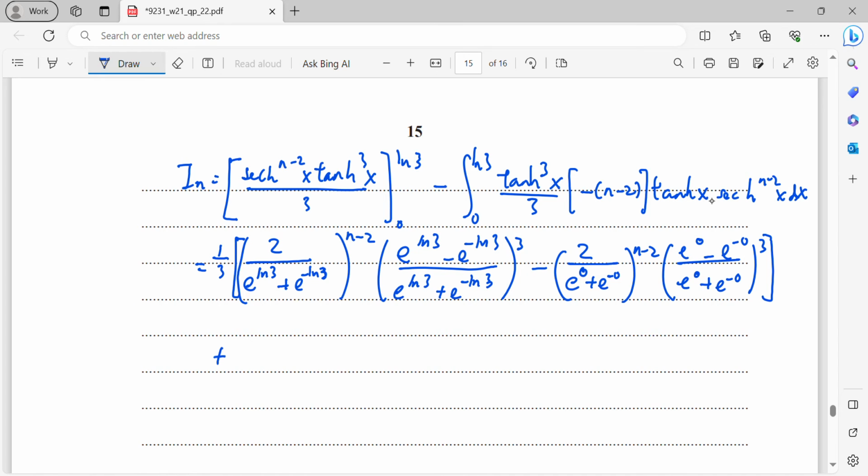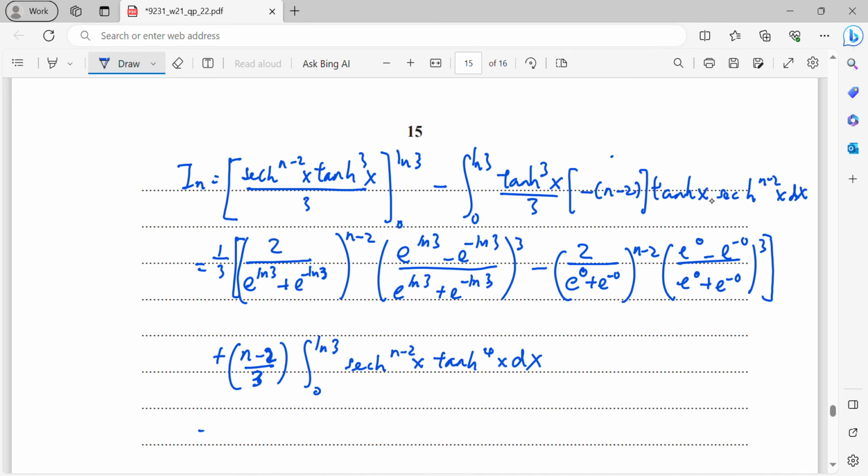Okay, then plus, so simplify this, it will be (n minus 2) over 3, integrate from 0 to ln 3 of hyperbolic secant^(n-2) x tangent power 4x dx.